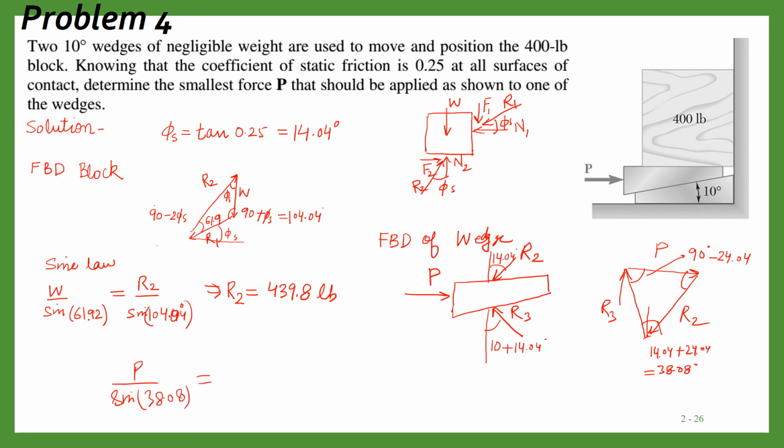Now we can apply the sine law in this triangle also. From the sine law we get P upon sine of 38.08 equals R2 upon sine of 90 minus 24.04, because we have already calculated R2.